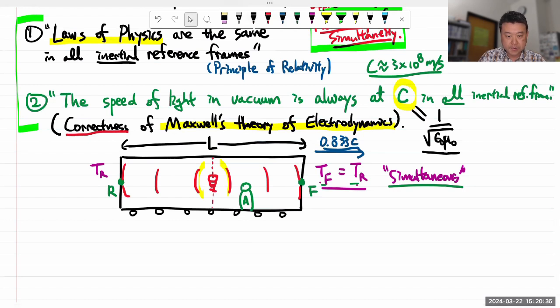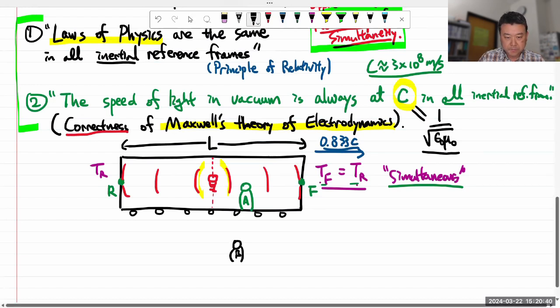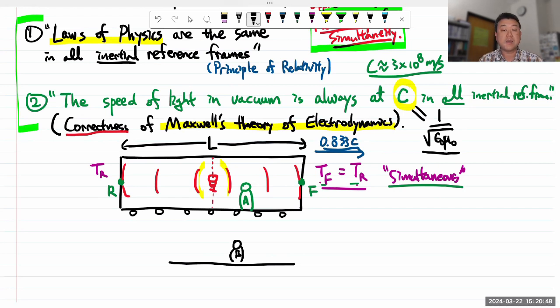So Bob is standing here outside the train, looking at this train, moving at 83% of speed of light. And when Alice comes back to Bob saying, I set all this up, I measured the times, they were simultaneous, Bob tells Alice, that's not what I saw.